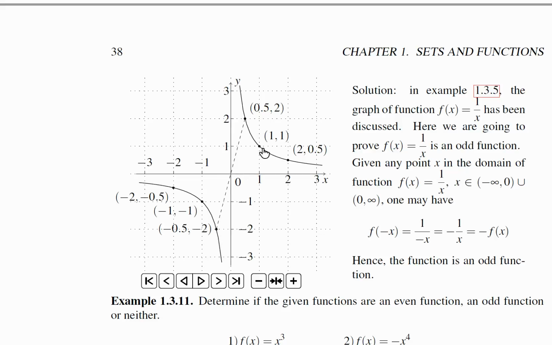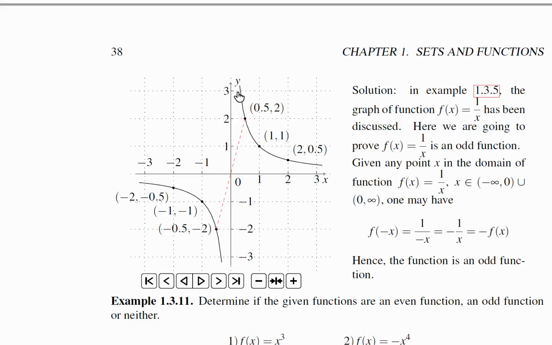Actually, every pair on the graph is symmetric with respect to the origin. Those 2 pairs and those 2 pairs. When you rotate 180 degrees, you see those 2 points exchange positions.